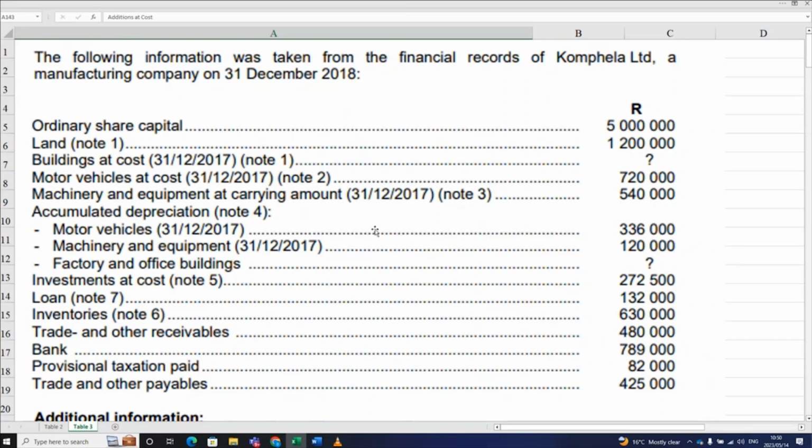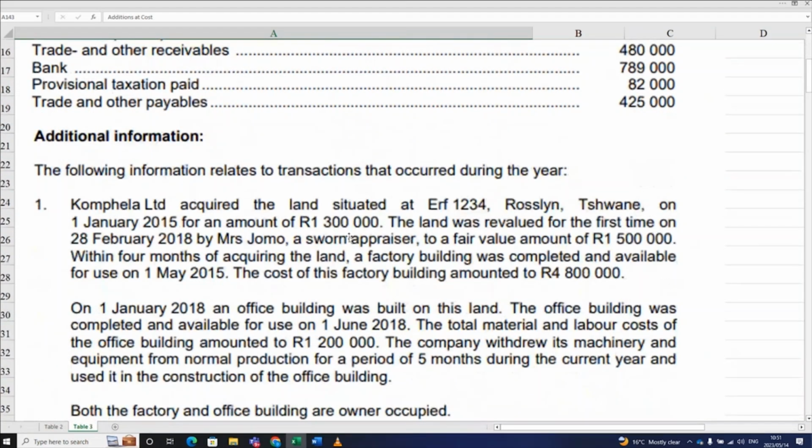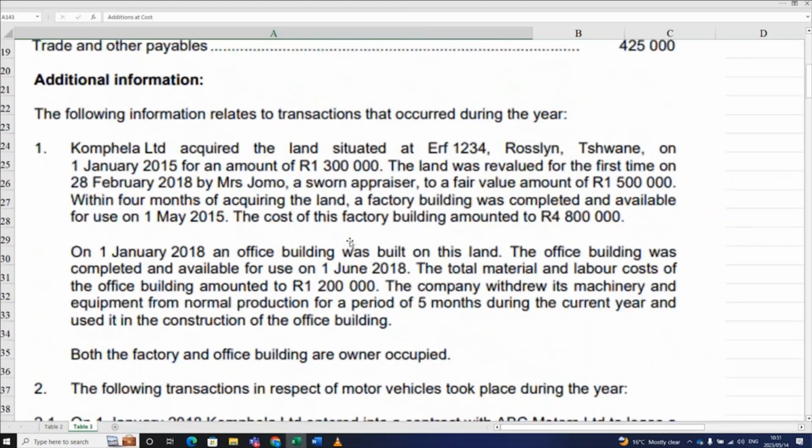Some transactions have not been accounted for, hence they give you some of the carrying amounts before the start of the year, and you need to factor that in via the additional information. Okay, so Komphela acquired land situated at ERF 1234 Roslyn Tshwane on 1 January 2015 for an amount of 1.3 million.